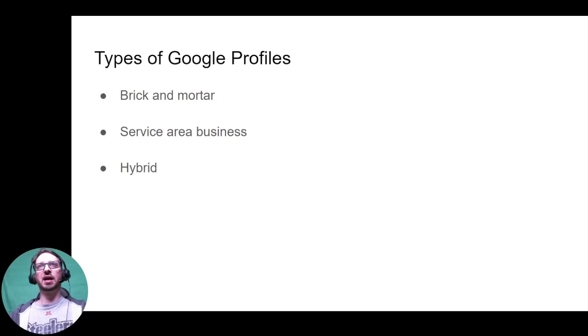The opposite of that is a service area business where the business's storefront is actually closed to customers and the business will go to the customer's locations to provide service. And the third type is a hybrid model where the business is both brick and mortar and a service area business, which is actually quite common.